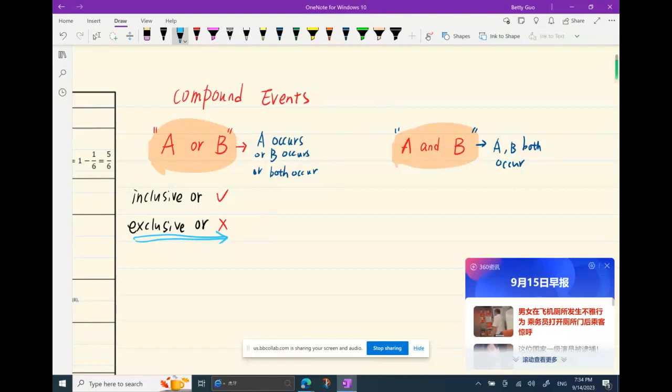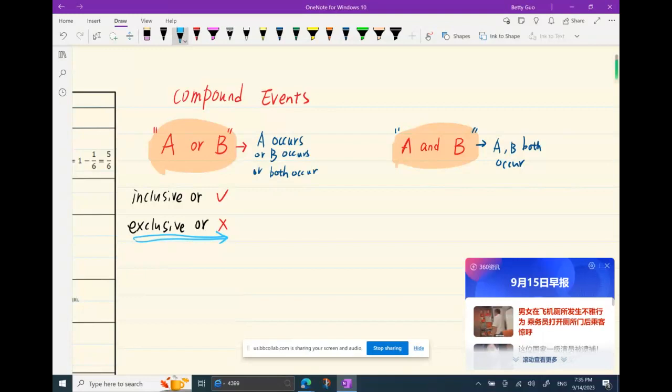The or the waiter mentions is exclusive or. Exclusive or means they cannot both happen. You either get a salad or you get a soup. You are not getting both.